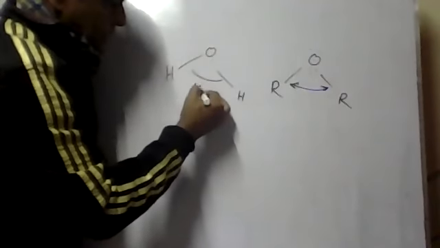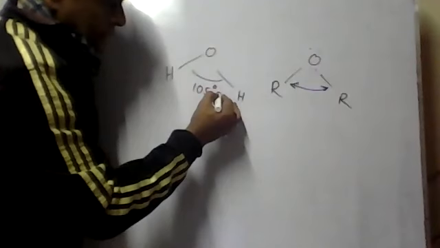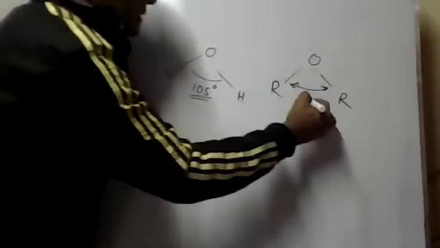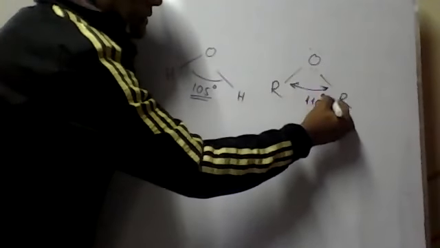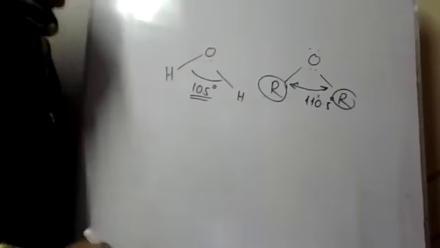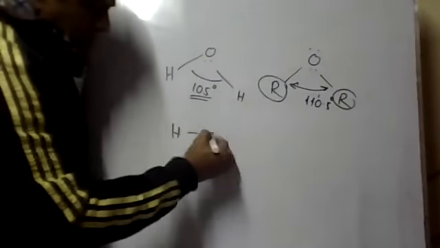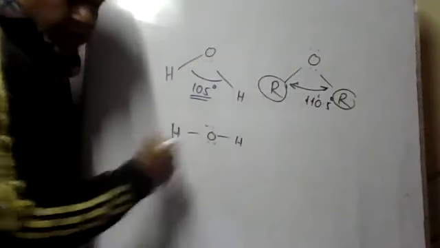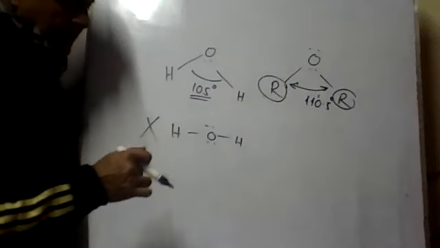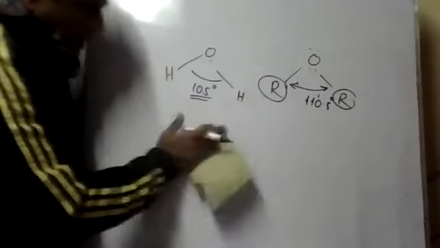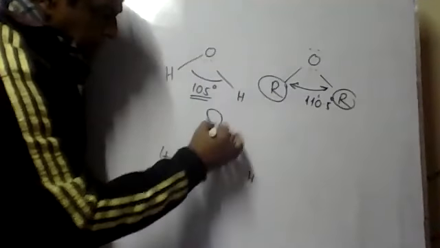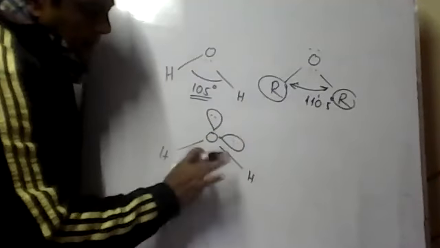Water has a bond angle of about 104.5 or 105 degrees. Ether's bond angle is 110 or 110.5 degrees, because of the bulky groups, there will be more steric repulsion. Water does not have this type of structure. Oxygen is sp3 hybridized, tetrahedrally arranged, but its shape is bent.